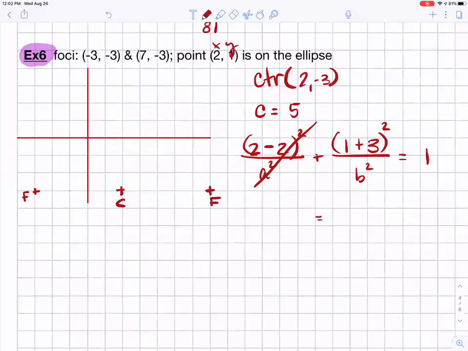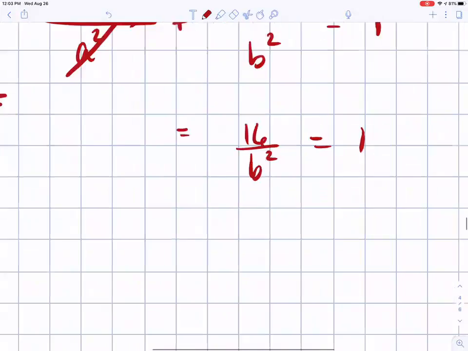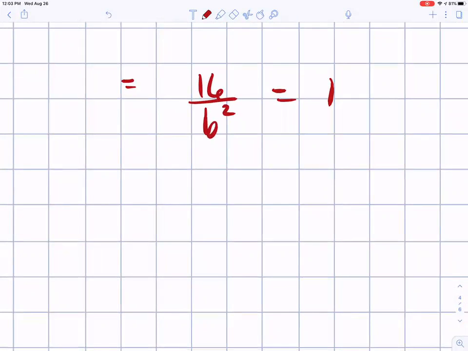So this is going to be, let's see, 4 squared. Up on top I have 16 over b squared equals 1. What do I do to simplify that? You know this, you might have forgotten it.